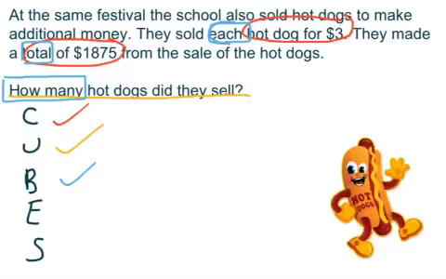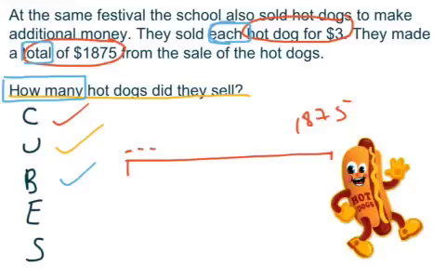The way I'm imagining this in my head, if this is a large amount of money, it's like $1,875 worth of money. And each little hot dog is $3. And I'm trying to figure out how many of these little hot dogs fit into my $1,875. It makes me think of division. So this is a division problem.